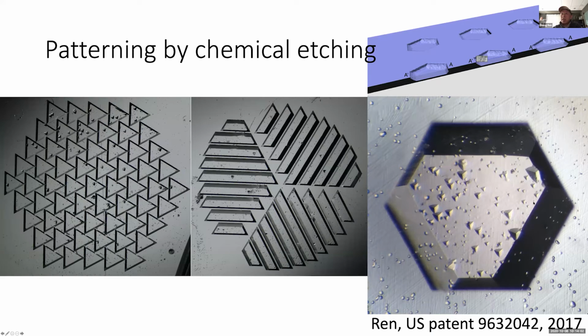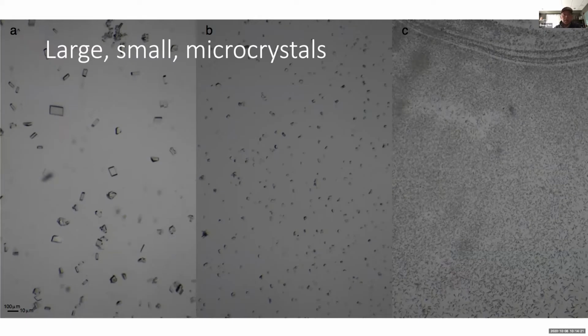In reality, I did achieve something very similar, except that the bottom of that hole is not flat enough. But we want to avoid all of these. It's just the potential. We concentrated on whether we can crystallize on this kind of device. And yes, we can: we get large crystals, small crystals, micro crystals on it.